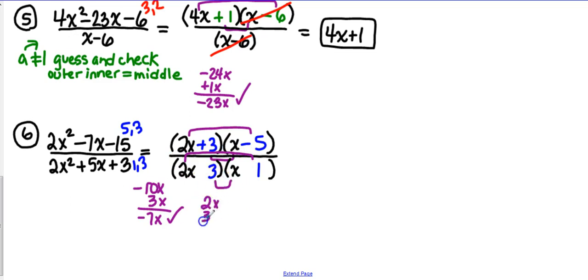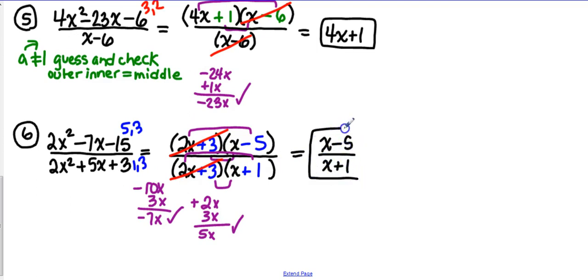Inner gets me 3x. I'm trying to get to a positive 5x. C is positive, so I get to have both of these be positive. So I know I am good to have plus and plus, which strategically worked out great because now I'm going to look for factors that will cancel, and I see that 2x plus 3 will cancel with 2x plus 3, leaving behind x minus 5 divided by x plus 1. We can take that no farther.